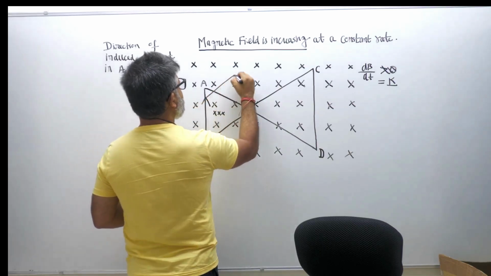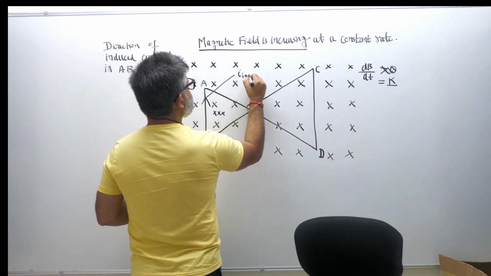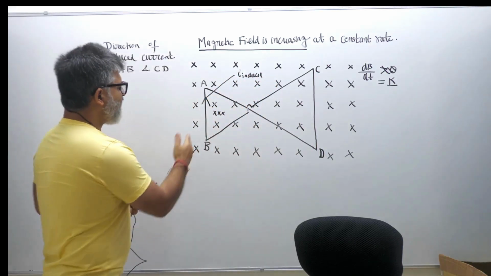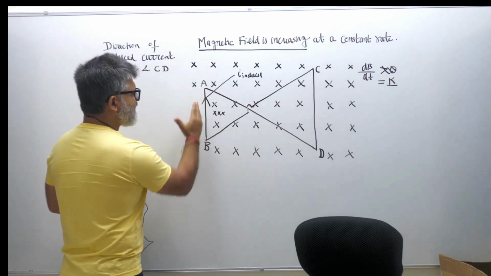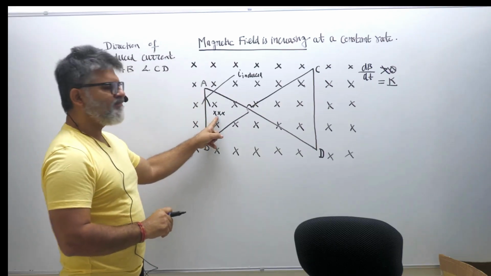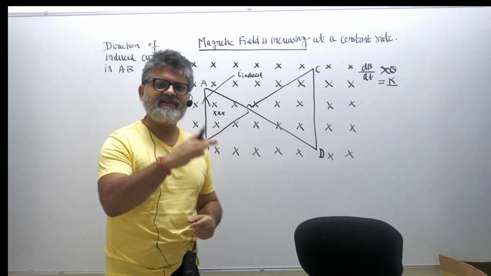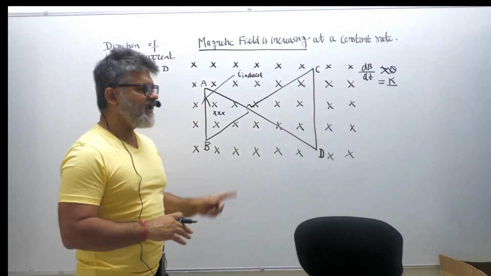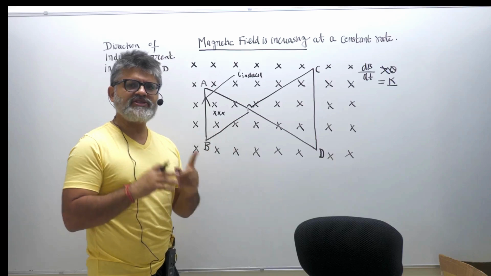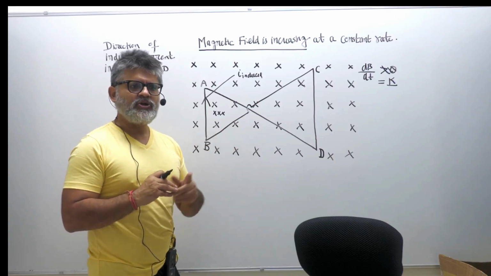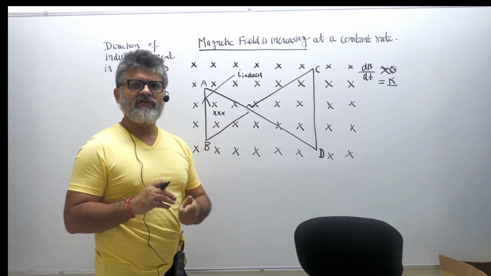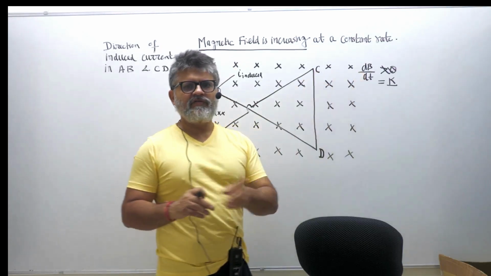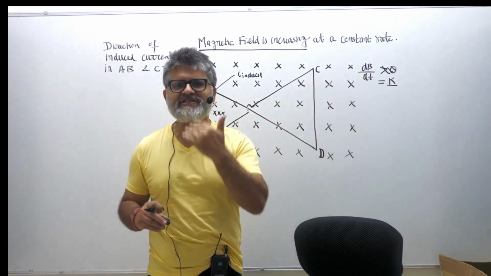This is my I induced, and which means if the current direction is this, the magnetic field will further increase. It is already increasing, and the induced current also has produced a magnetic field to help the change. We don't want to help dB by dt. We want to oppose dB by dt.